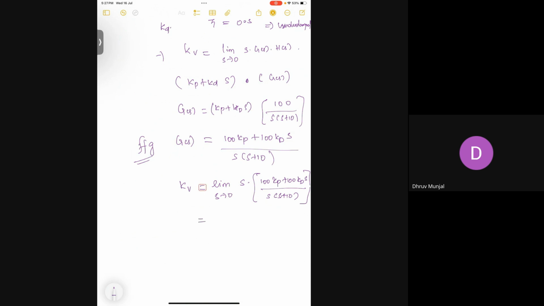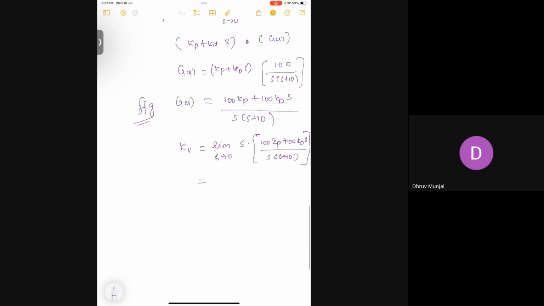So Kv equal to limit s tends to 0, s into 100 Kp plus 100 Kd into s divided by s into s plus 10. Right. Now you know some information about this: Kv they have given us as 1000 here, right? Since there are two unknown variables, you cannot find the answer in this one particular step, but we will try to find one equation so that we can find another equation from the other known input. This will become 100 Kp plus 100 Kd s divided by s plus 10.